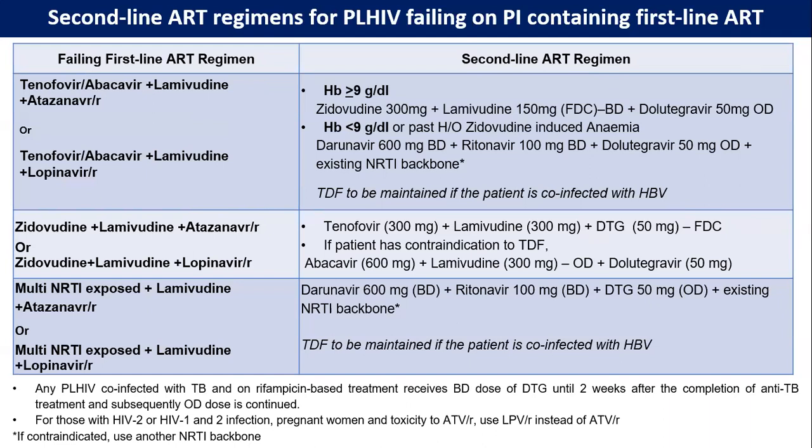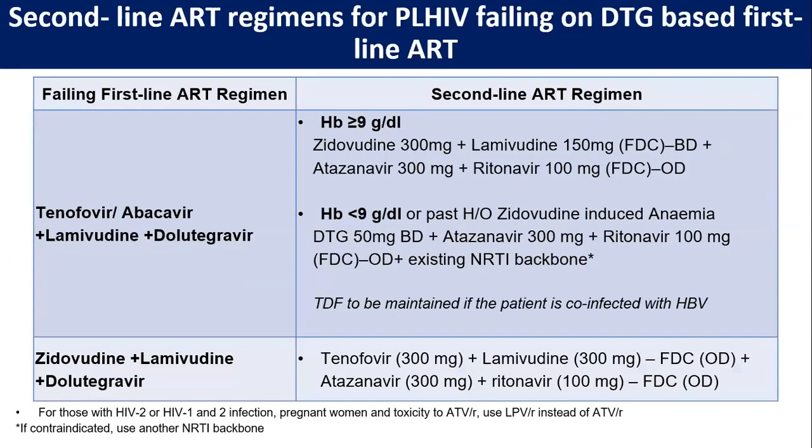If the patient is multi-NRTI exposed with lamivudine and atazanavir/ritonavir or lopinavir/ritonavir, then darunavir 600 milligram BD, ritonavir 100 milligram BD, and dolutegravir 50 milligram OD with the existing NRTI backbone, and TDF to be maintained if the patient is co-infected with hepatitis B. For HIV-2, HIV-1 and 2 infection, pregnant women, and toxicity to ATV/r, we are going to use LPV/r instead of ATV/r.